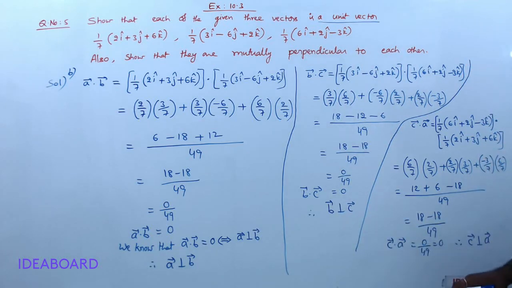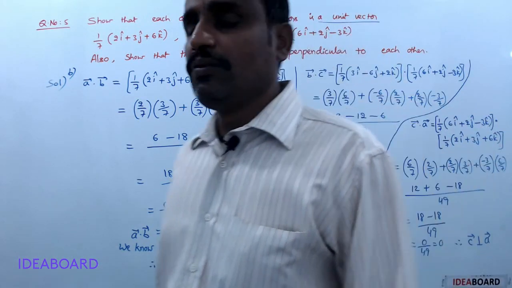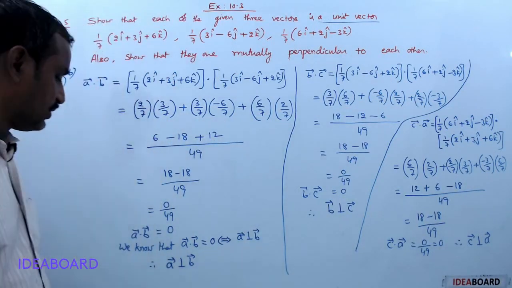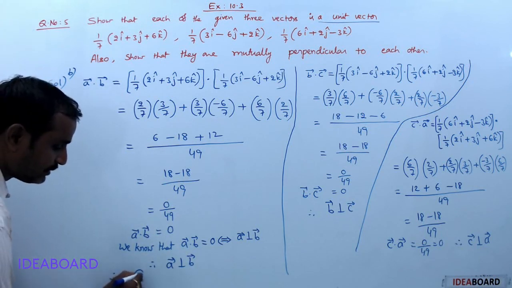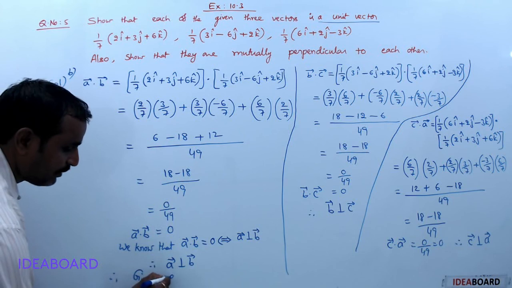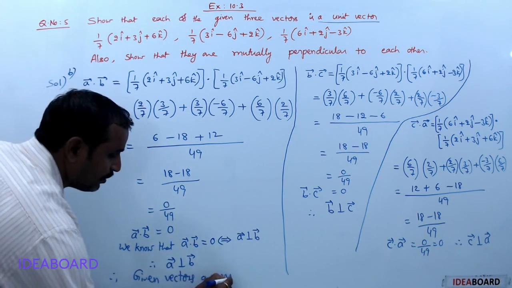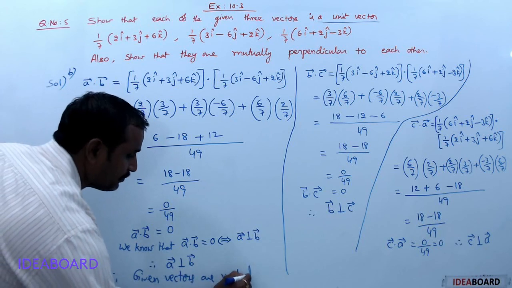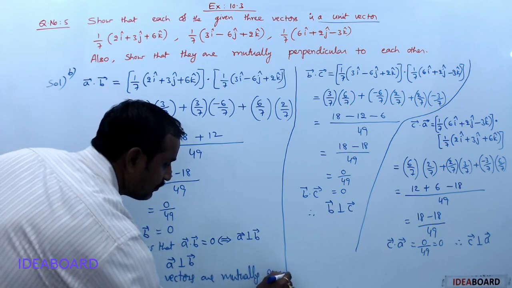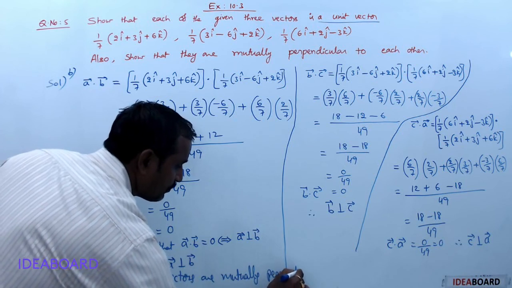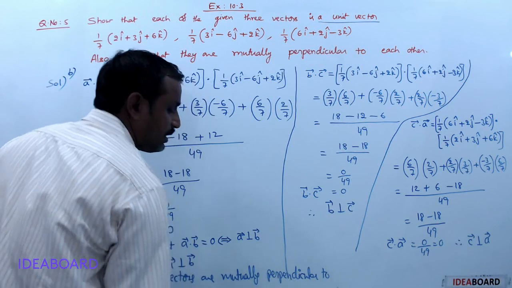So now all are perpendicular; each vector is perpendicular to the other vectors. Therefore, the given vectors are mutually perpendicular to each other.